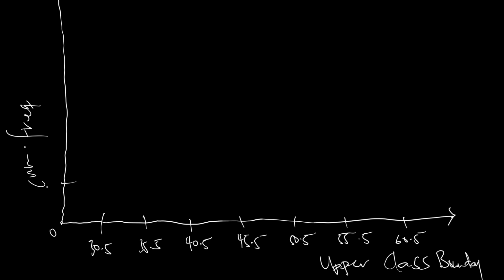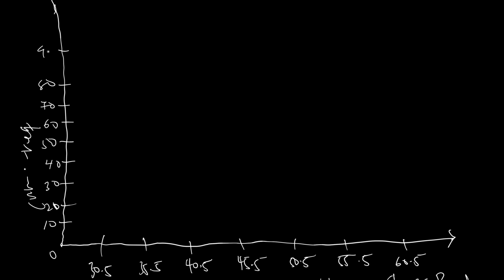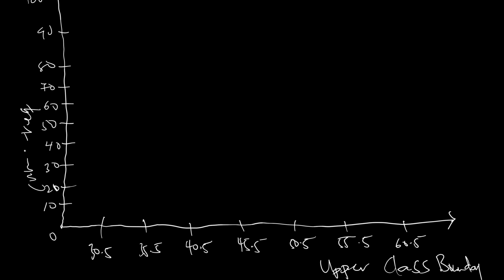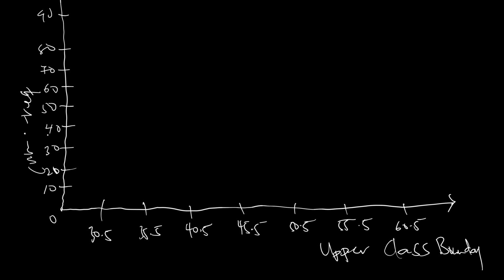So we have 10, then up to 90, then we can have 100. In your graph books, you should have an accurate graph. The distance from here to here should be the same as the distance from here to here. But since we don't have a graph book, the distances are not equal. So you should have the right thing.